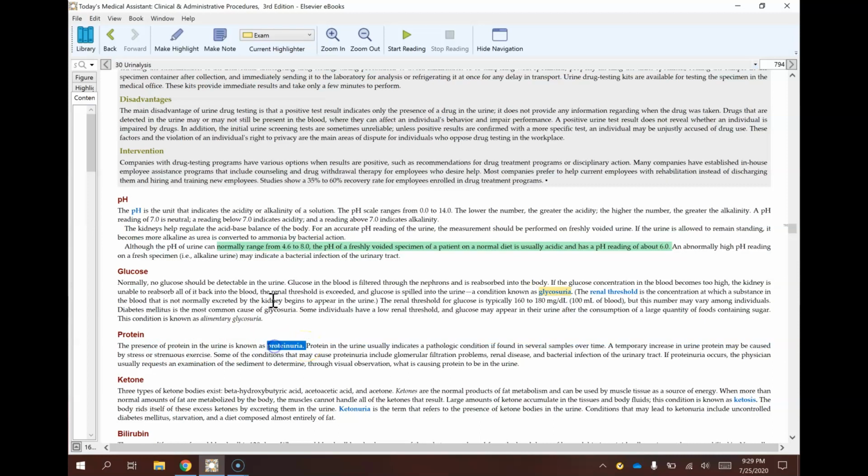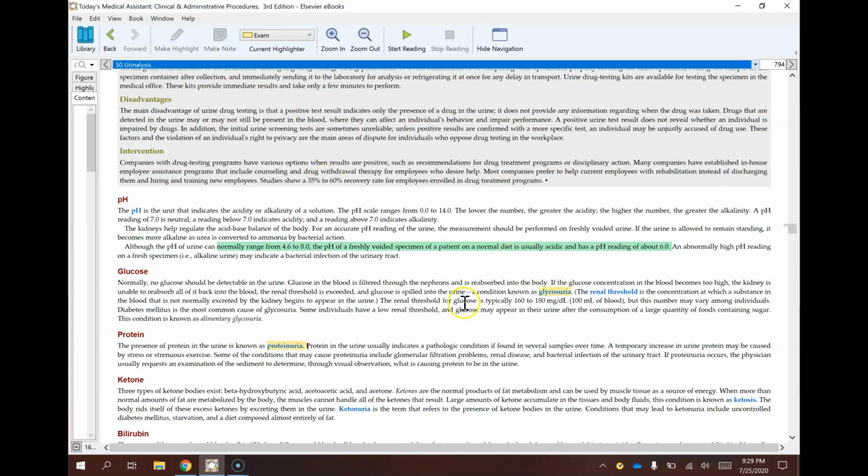Protein in the urine. Again, you would know that by just knowing the two words involved. Protein is not normally in the urine. And so if protein is found in the urine, that may require further testing.